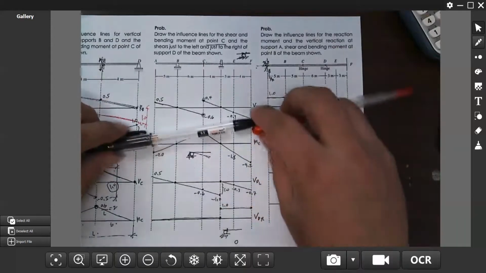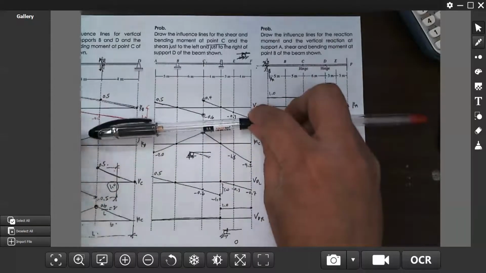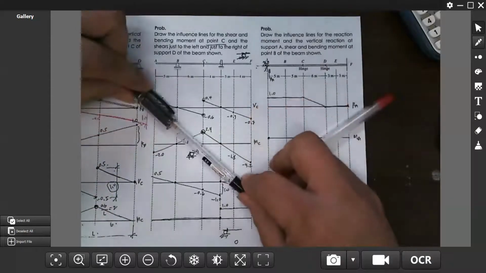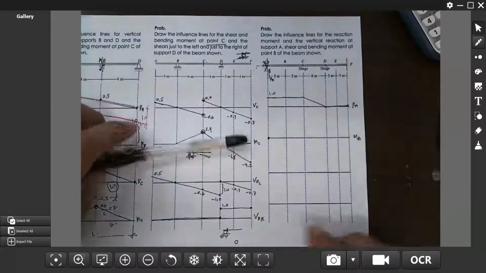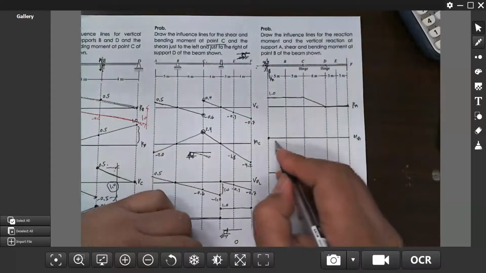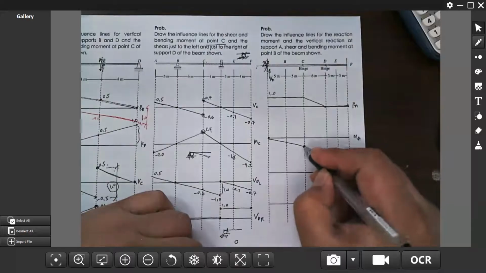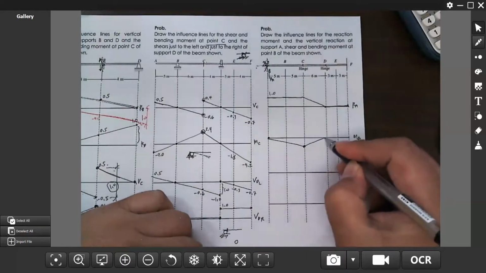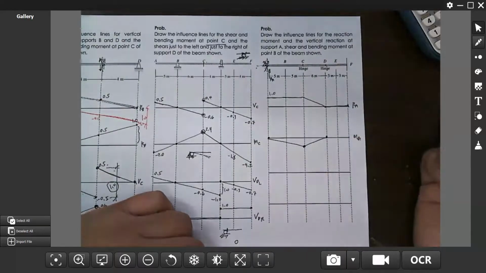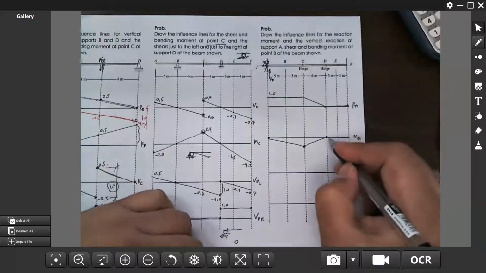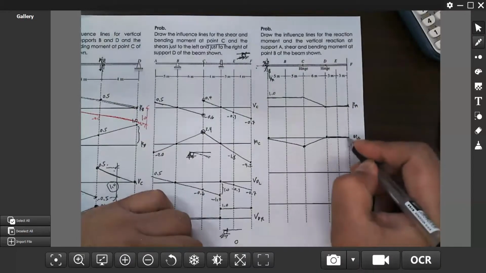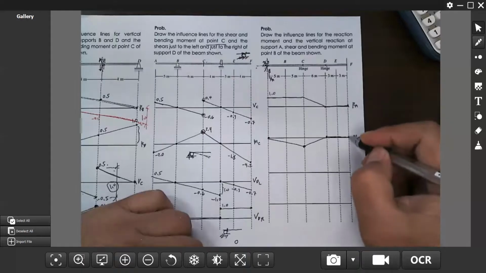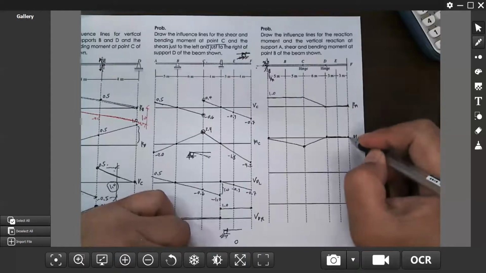Initially pag rotate dire, ana ra. So ana na yung displacement. Why? Because ang beam nga DEF, again, dili siya ma-move tungod sa fix nga support sa F.